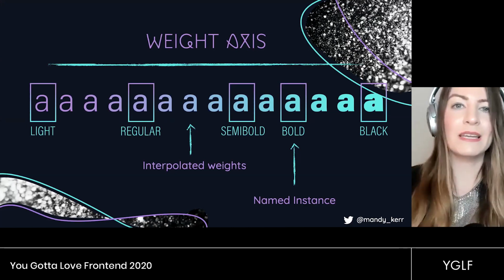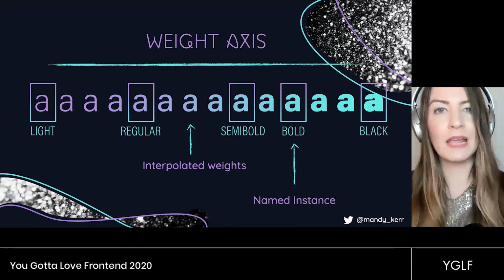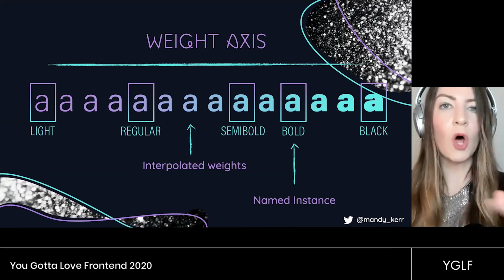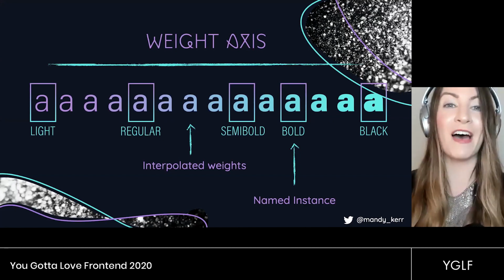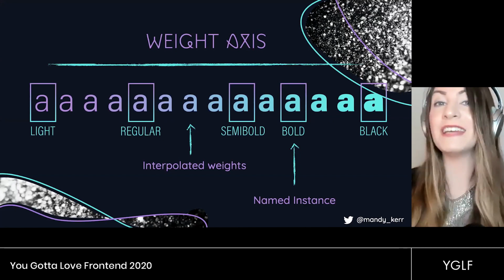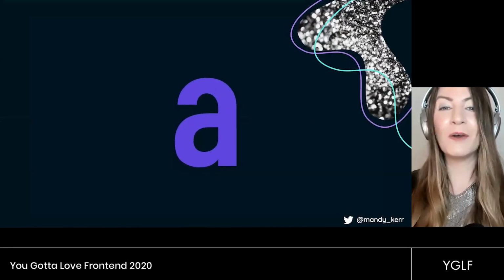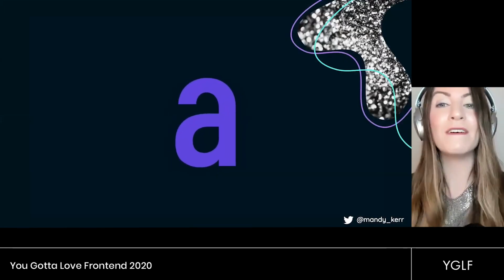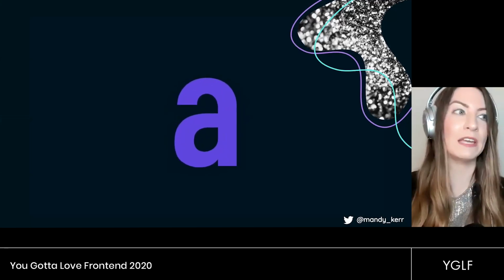They're what's known as a named instance, but we also gain the ability to interpolate between these values. So along with all of those standard values, we can also have all of the values in between, including decimal places. And what that means is that we can animate between the values, creating really smooth transitions between each of the variations.